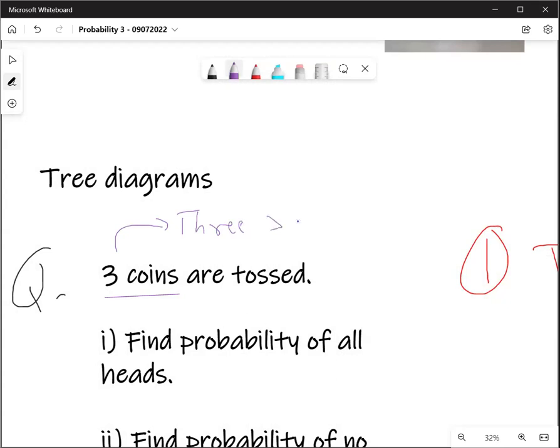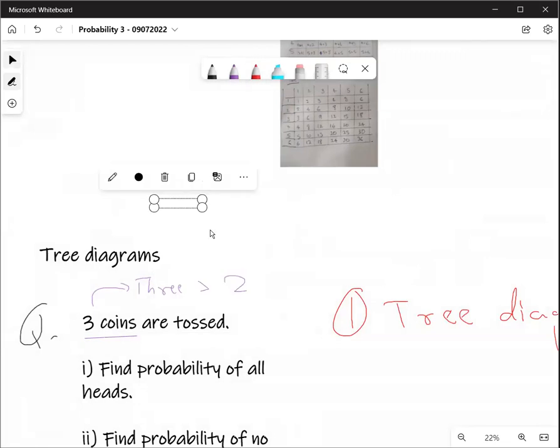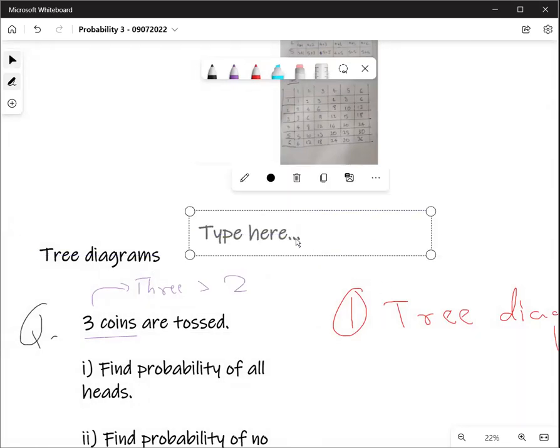Which is greater than 2. A square diagram only works with 2 combined events, not 3. Is that clear?